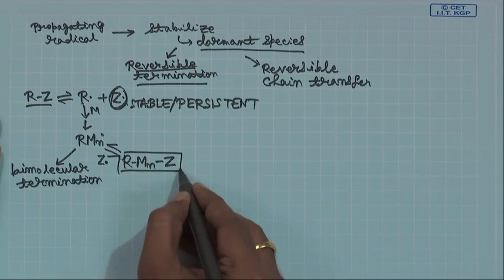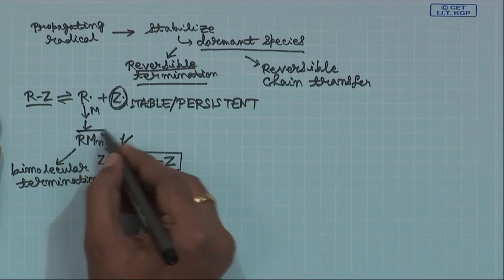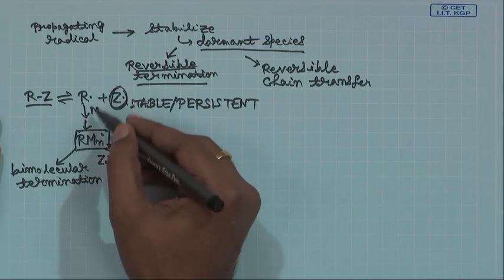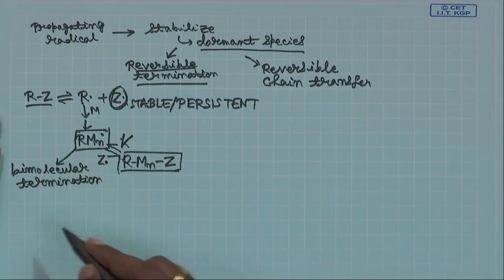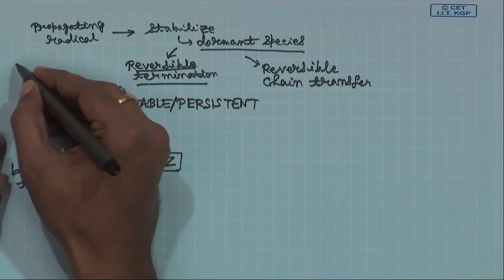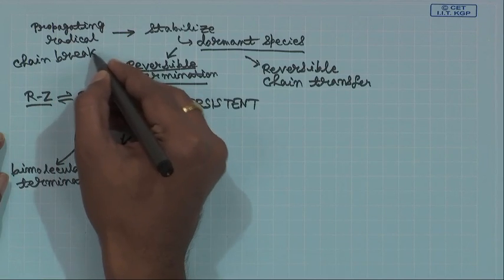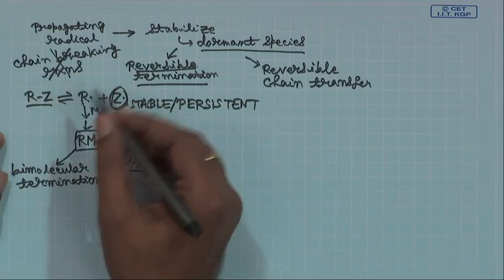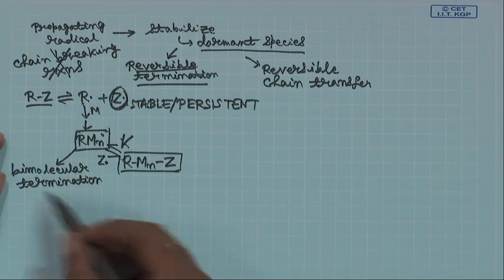This is the dormant species, and the equilibrium constant of this reaction is very important, because the concentration of RMn dot should not be too low, because if it is too low, then the propagation rate will be hampered, and if it is too high, then the bimolecular termination will become predominant. So, the idea is that you want to stop all the chain breaking reactions, be it termination through coupling, disproportionation, or it could be chain transfer also.